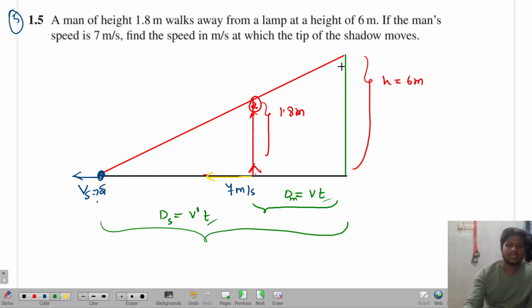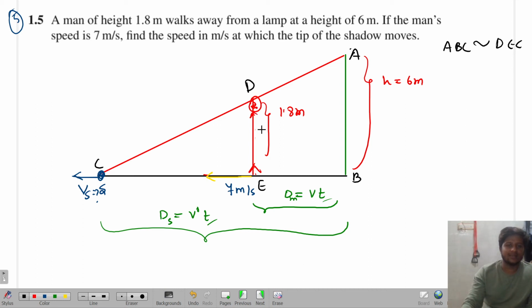Now look over here. Let's suppose I'm calling this A, B, C, D, E. Is my bigger triangle ABC and this triangle DEC similar? Yes, ABC is similar to DEC.